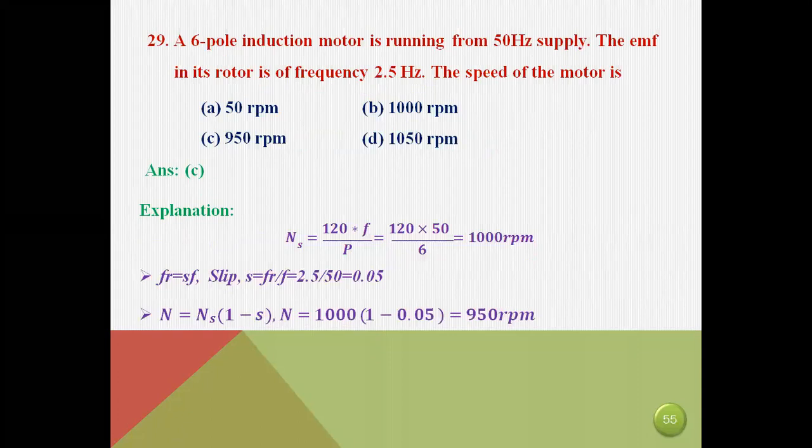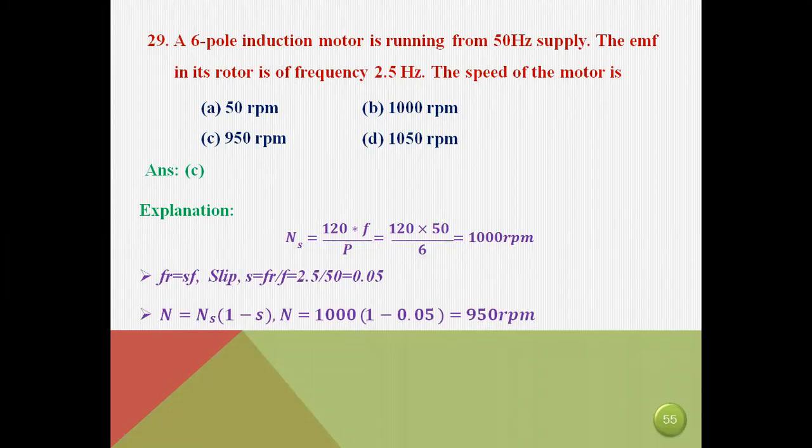Now you are supposed to solve one numerical. A 6-pole induction motor is running from 50 Hertz frequency. You can solve Ns equal to 120 into 50 upon 6, and you will get 1000 RPM.